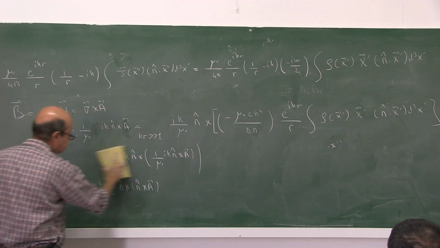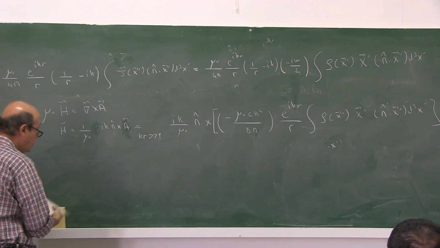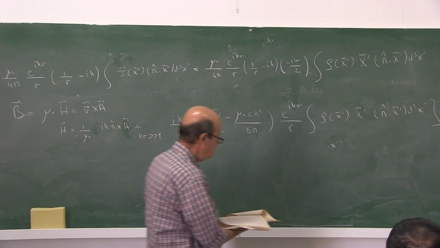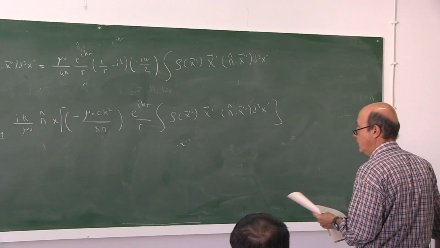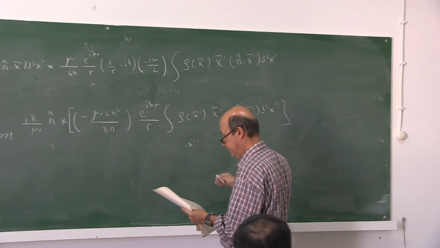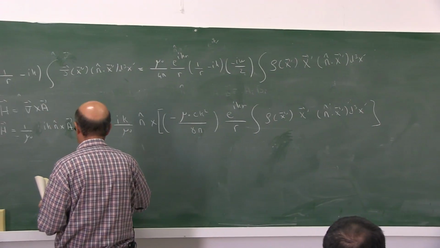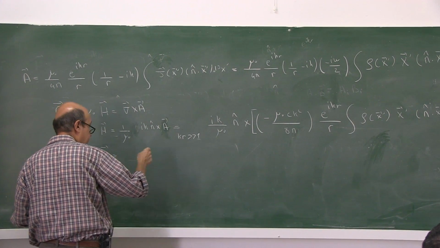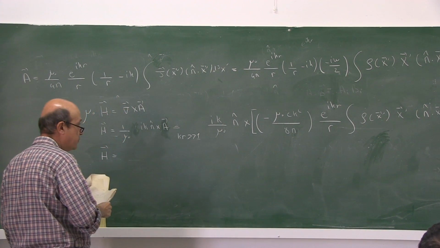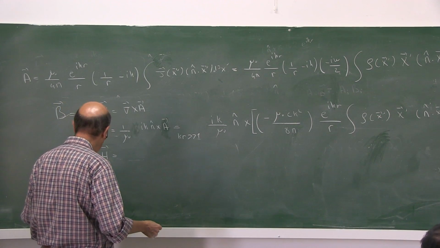Now, the next thing, we will write the H and evaluate the H, as I said earlier, in terms of something we know, that now will be the quadrupole moment tensor.